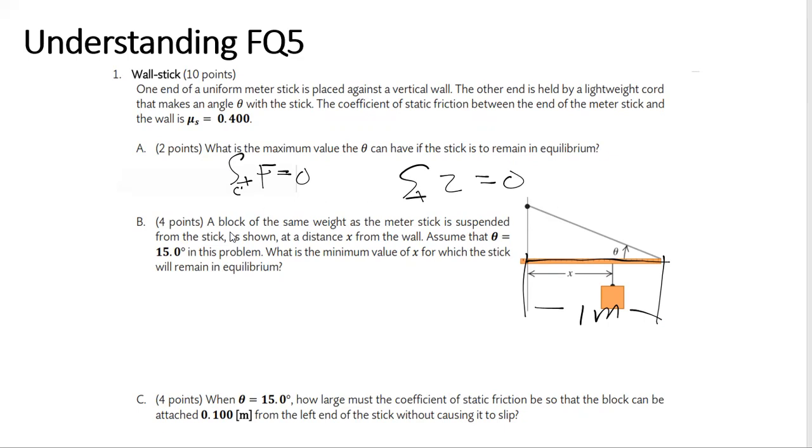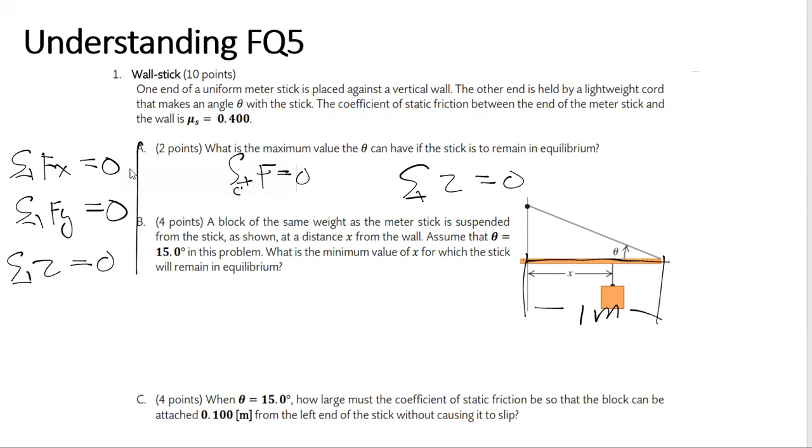So again, yung Fx, para meron kayong three equations to work with. So you have sum of Fx is equal to 0, sum of Fy is equal to 0, and sum of torques, tau, is equal to 0. So using these three equilibrium conditions, you can calculate for the angle.